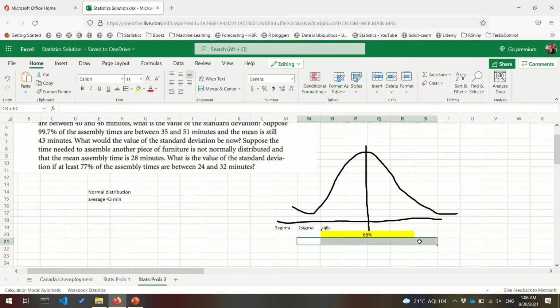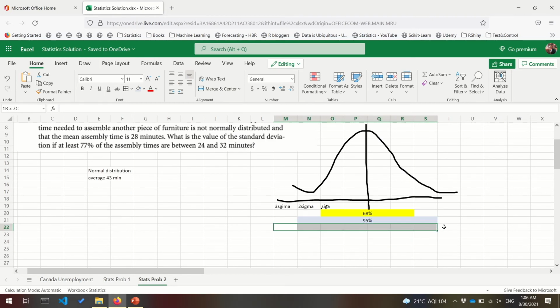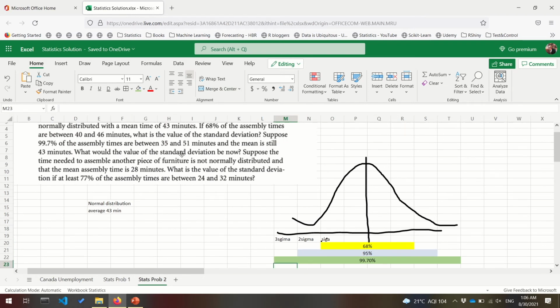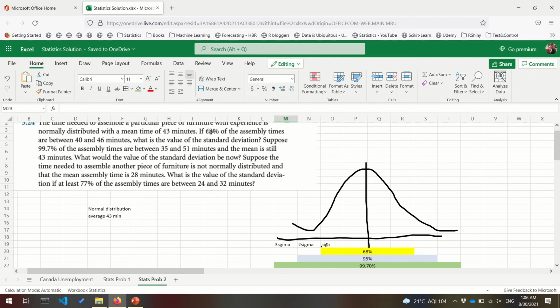Similarly, 2 sigma to 2 sigma, I'll use some other color, will be your 95% of data points. And similarly 3 sigma to 3 sigma, I'll use another color, let's say green, it will be your 99.7% of data points.